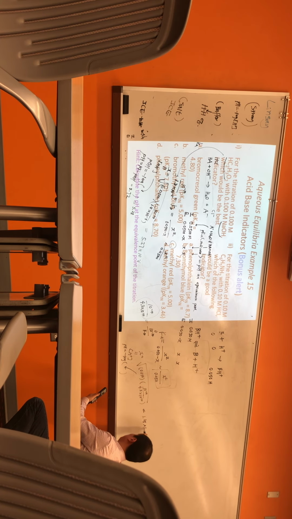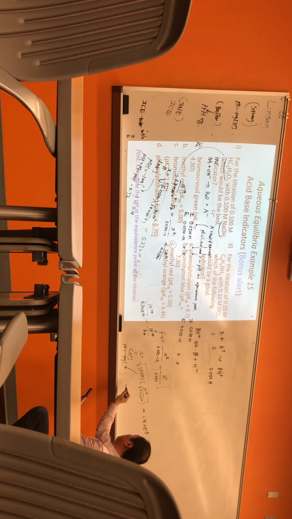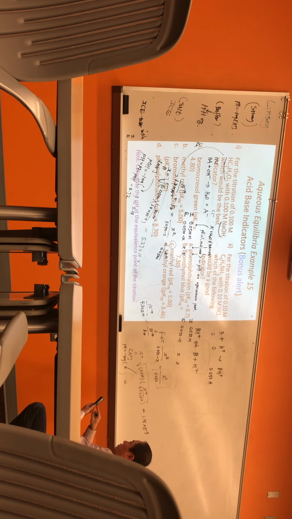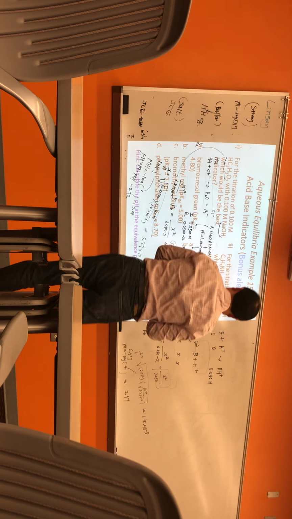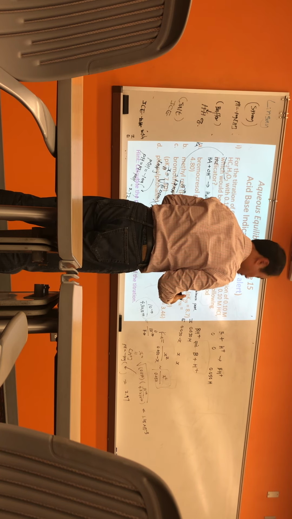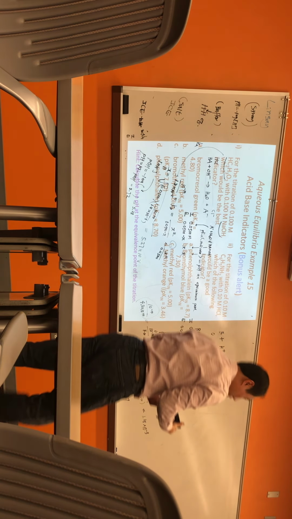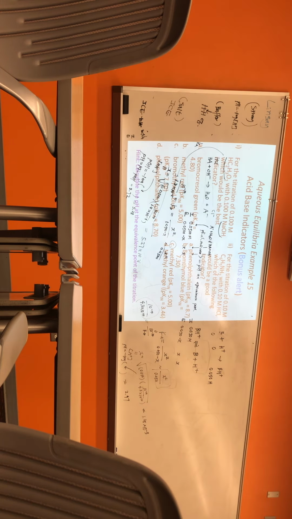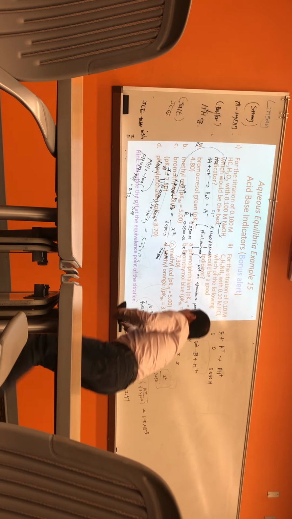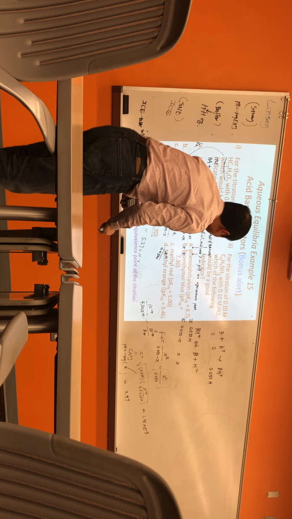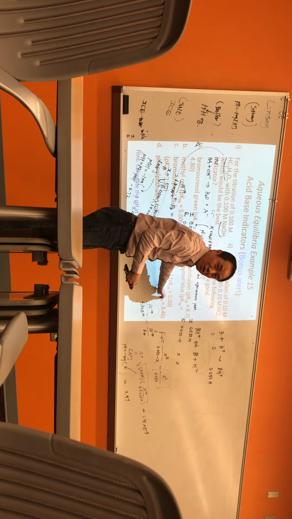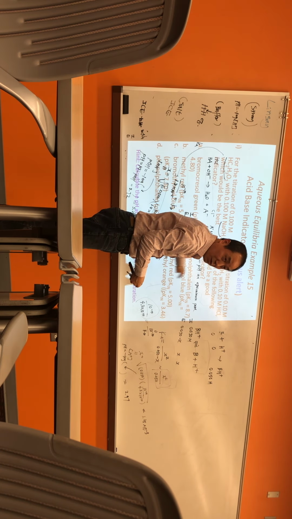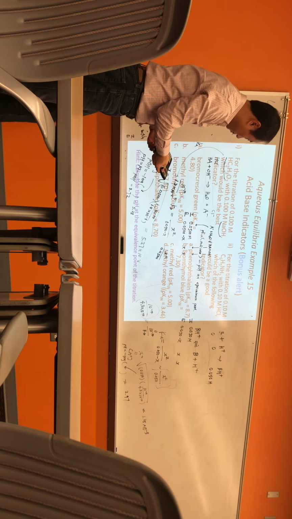So the pH is 2.97. What do you have? 2.97. Okay. So because it's 2.97, which one is better? D is better, right? Although it's different, this is still the best among the possible indicators. D is better.